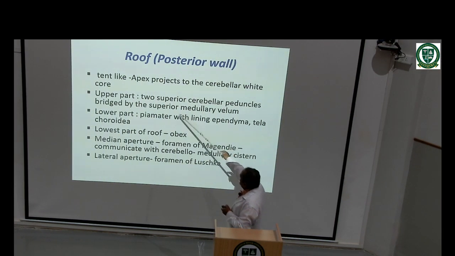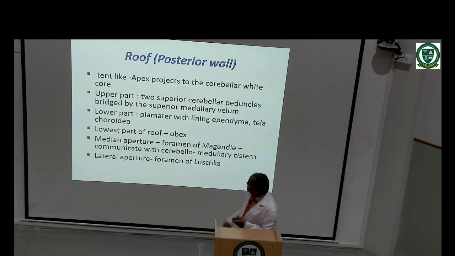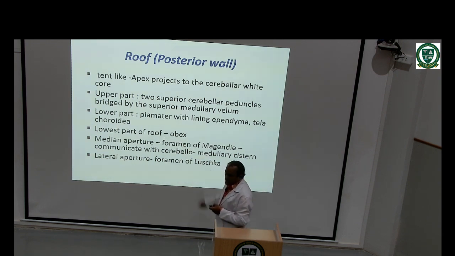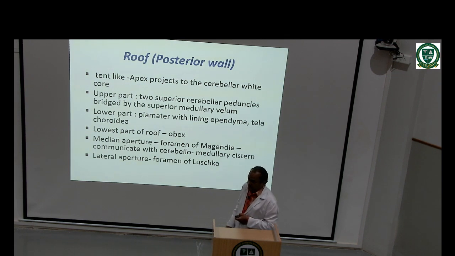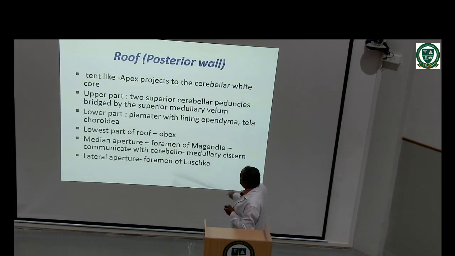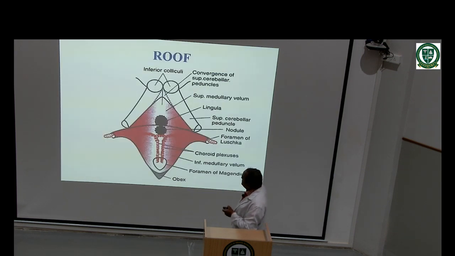The superior medullary velum is nervous tissue, and the inferior medullary velum is non-nervous tissue. It is formed by pia mater with ependyma. These 2 coverings form the inferior medullary velum. In the inferior part of the roof you have the tela choroidea.